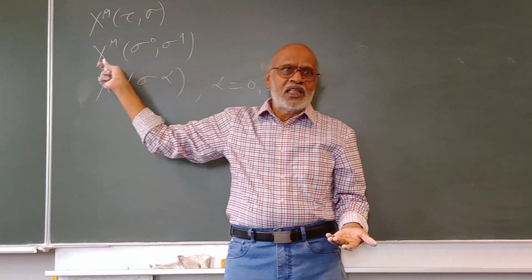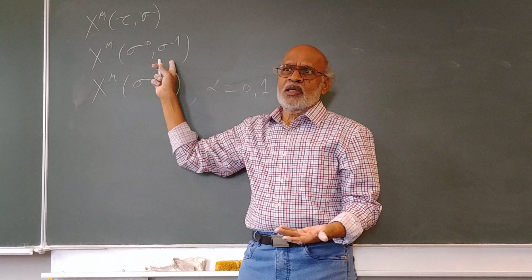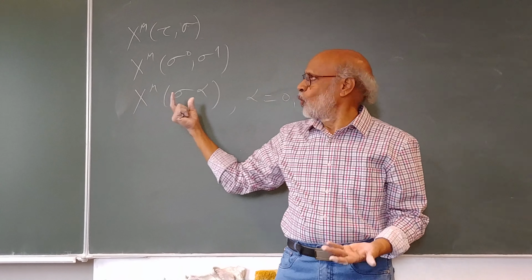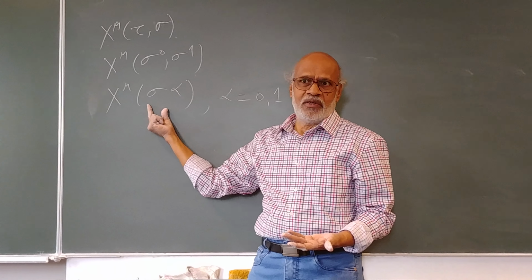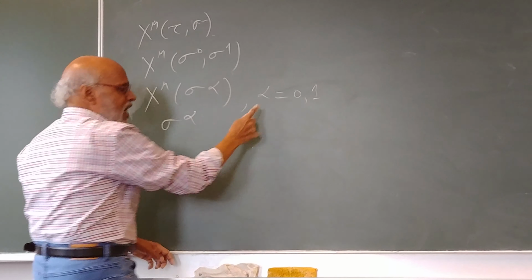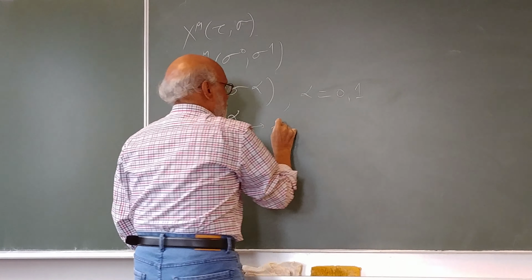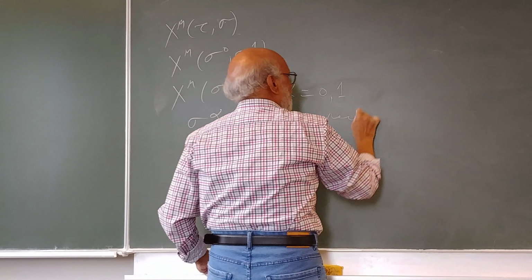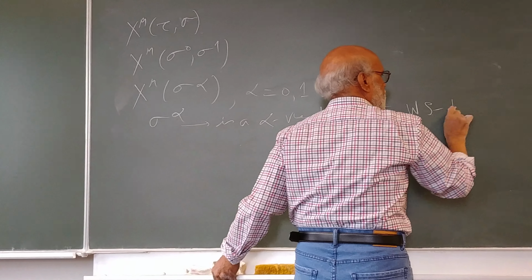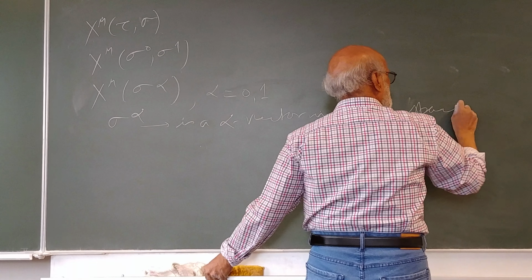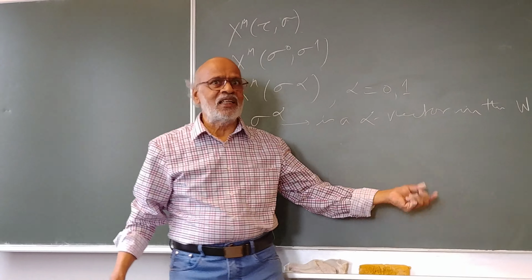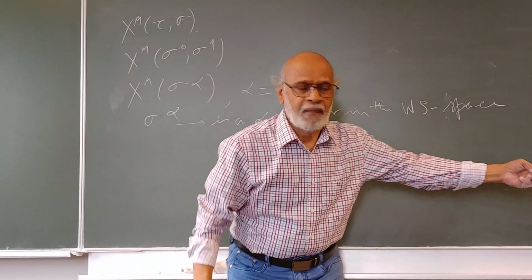I could call tau as sigma 0 and sigma as sigma 1. Okay, and I could club these two together to call it sigma alpha. So sigma alpha is an alpha vector in the world-sheet space.